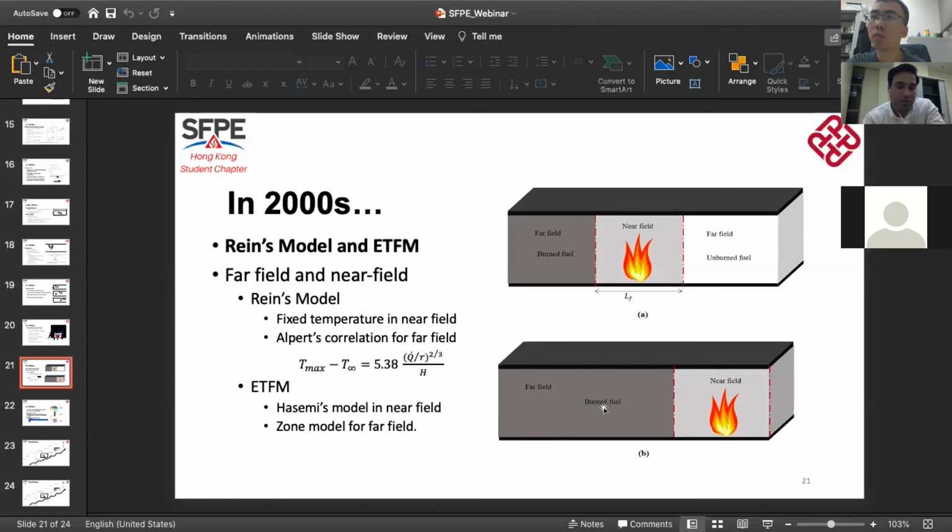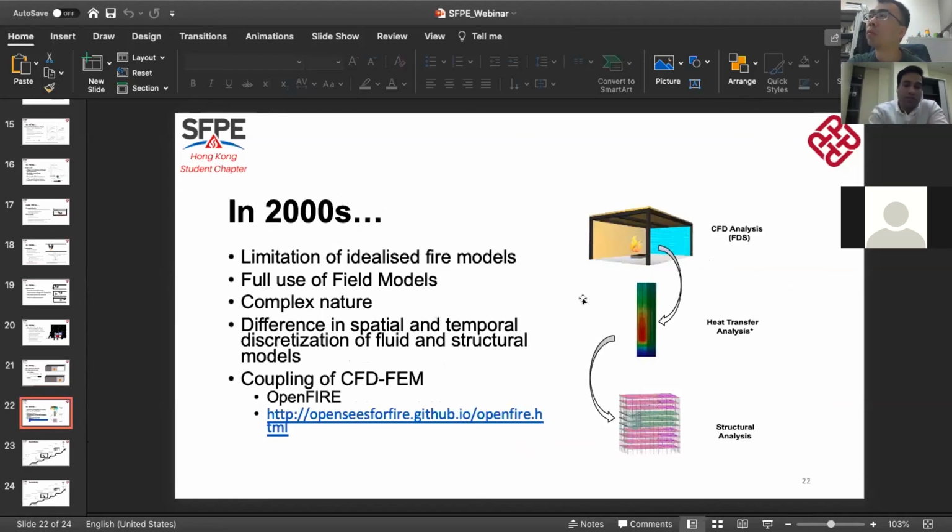For CFD, you cannot use it for large structures because the computational time is too high, and you have to decrease the mesh size if you want to make it realistic. For example, most of the tests have been done with wood cribs.